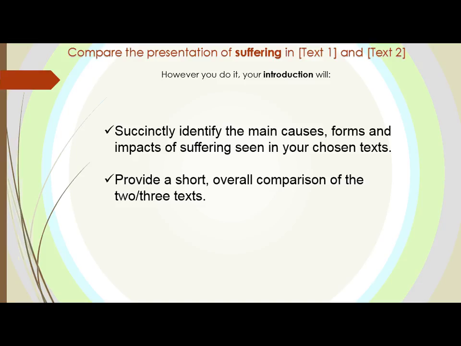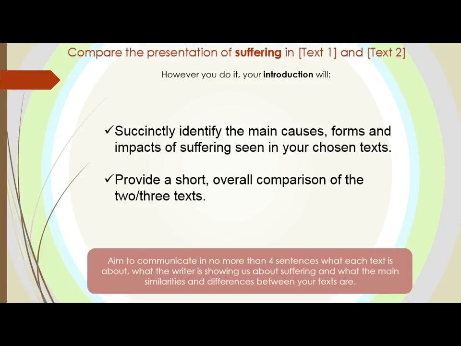Look at the overall comparison, even if it's just pointing out about one being a poem, one being a prose extract, and how they are about different topics. The characters involved, what's the difference between them? So making sure you really do understand the differences between these texts, but also any interesting similarities that you'll then be able to refer back to in more detail later in the essay.